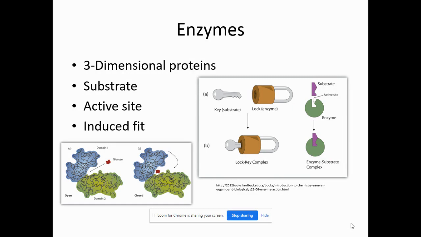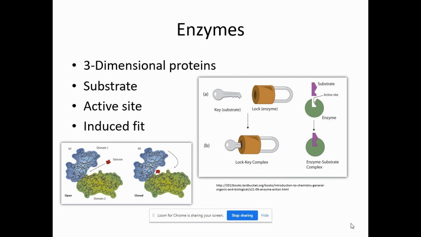Okay, all right, and so because the enzymes are three-dimensional, the enzymes have a site that the substrate or substrates bind to. Okay, and that site is called the active site. Right? And so only substrates that fit the active site will properly bind.